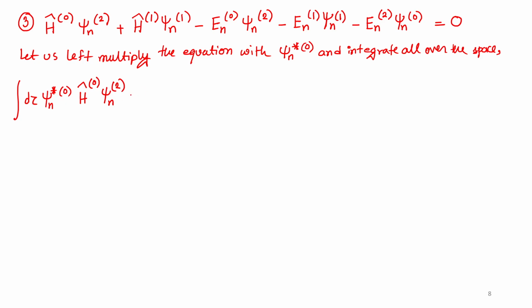Okay. What about the second term? The second term is going to be d tau psi n zeroth complex conjugate, that perturbation first order, then psi n, then d tau.